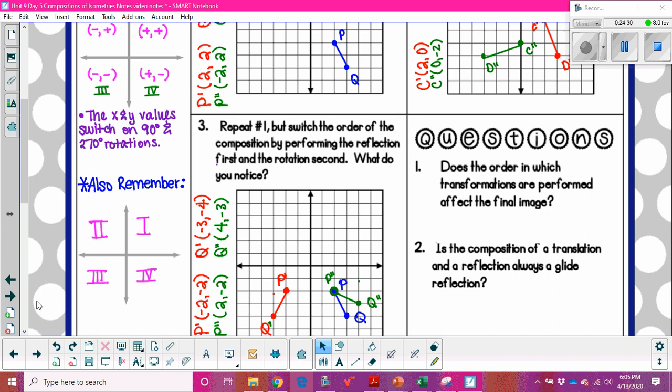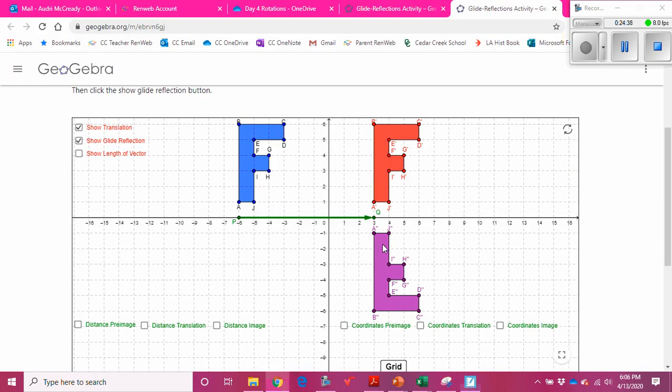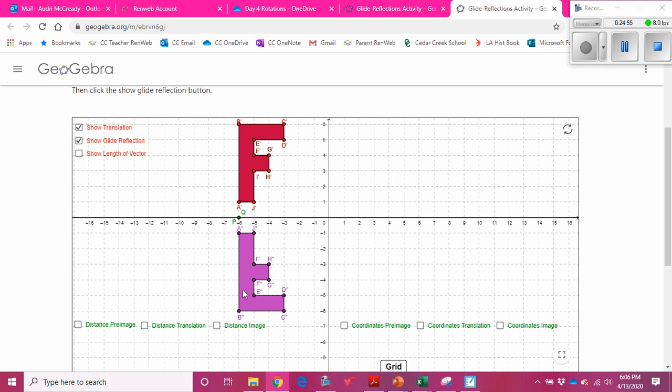But what about when we did a glide reflection? Let's look back at the Desmos activity that we just did. Let's take away this and this. What would have happened? Let me do the translation real quick. If we had reflected first, it would have looked like that, right?